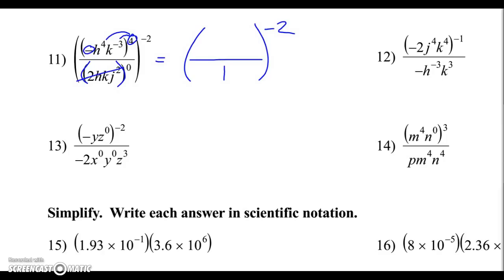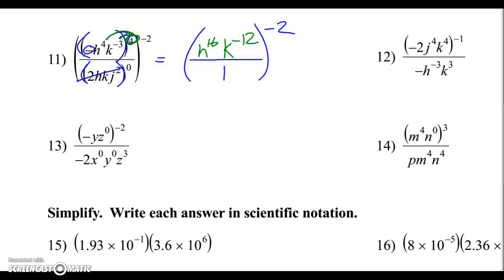That would be like taking this entire thing, multiplying it out 4 times, and that's why the negative will disappear. So just leave it out when you do this. I'm going to go 4 times 4, so h to the 16th power, and 4 times negative 3, which is negative 12.